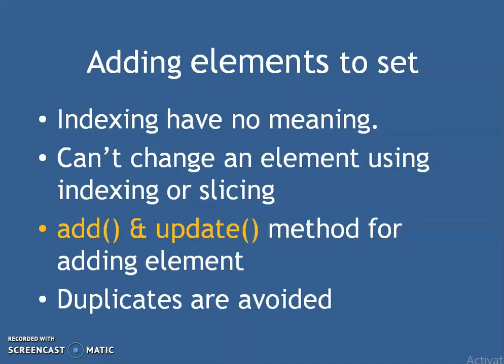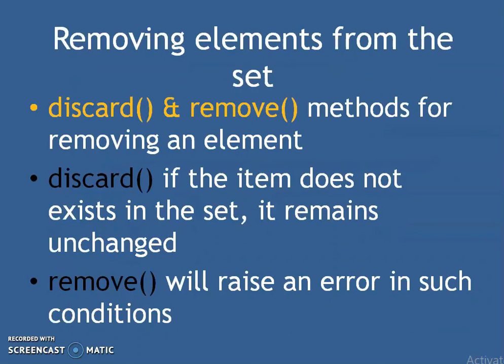So now we can see how we can remove elements from the set. Discard and remove are the methods for removing an element. Discard: if the element does not exist in the set, it remains unchanged. The remove method will raise an error in such conditions. So there are two methods for removing elements from the set.